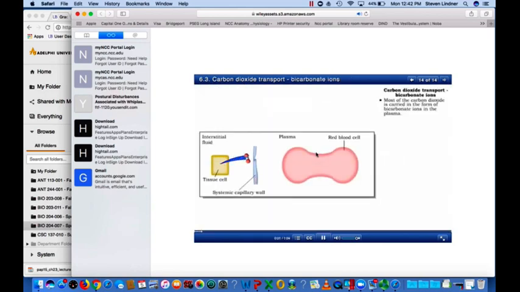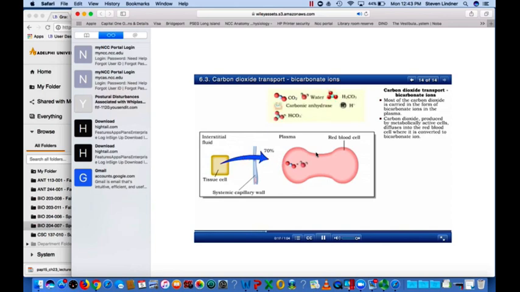Most of the carbon dioxide is carried in the form of bicarbonate ions in the plasma. The carbon dioxide in the plasma diffuses into the red blood cell. There it undergoes a chemical reaction catalyzed by the enzyme carbonic anhydrase and is rapidly converted to bicarbonate ions. As levels of carbon dioxide increase, the production of bicarbonate ions increases.